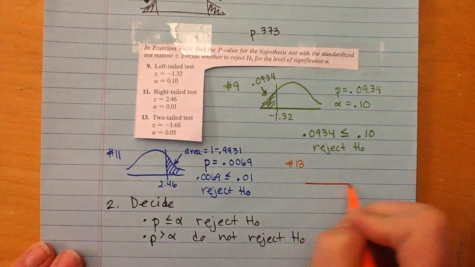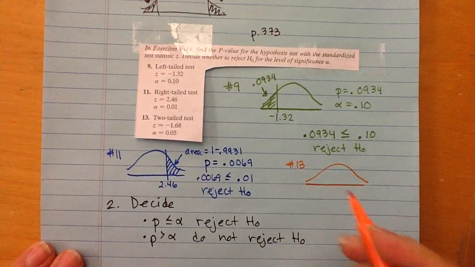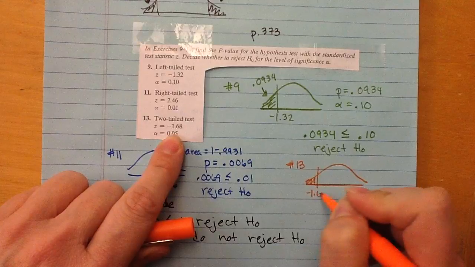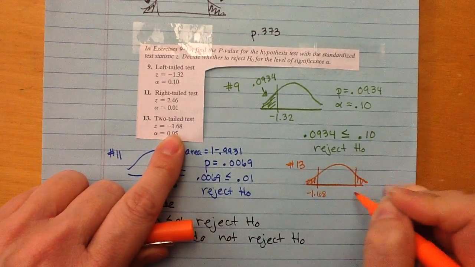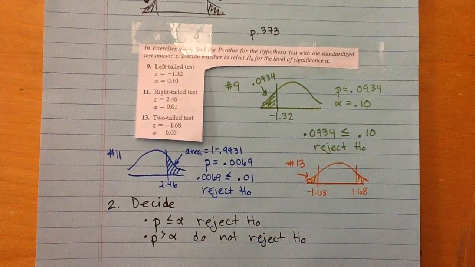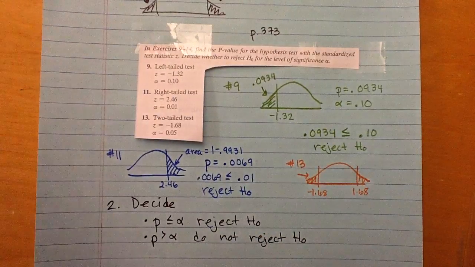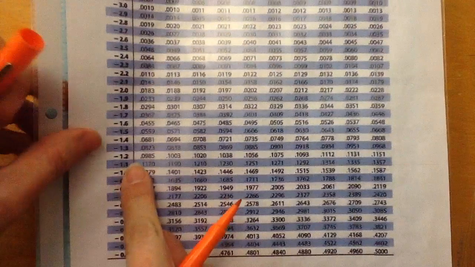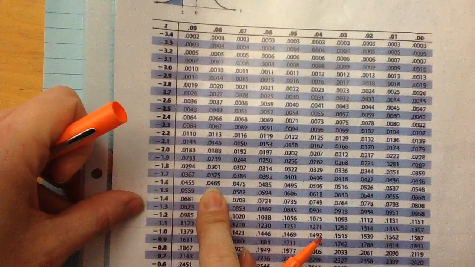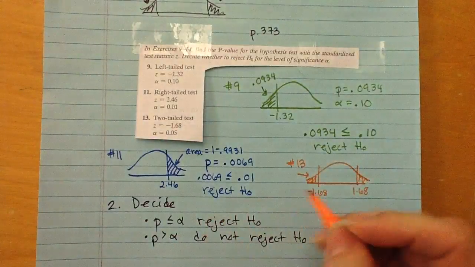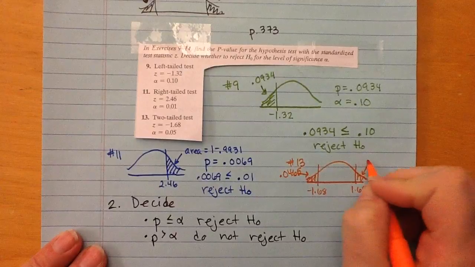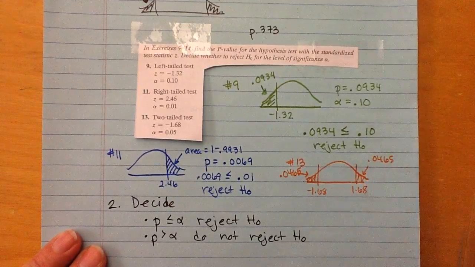On 13, we have a two-tailed test. And it tells me z is negative 1.68. So this is negative 1.68, and over here is positive 1.68. When I look up that area for negative 1.68, it is 0.0465, which means that this area is also 0.0465.